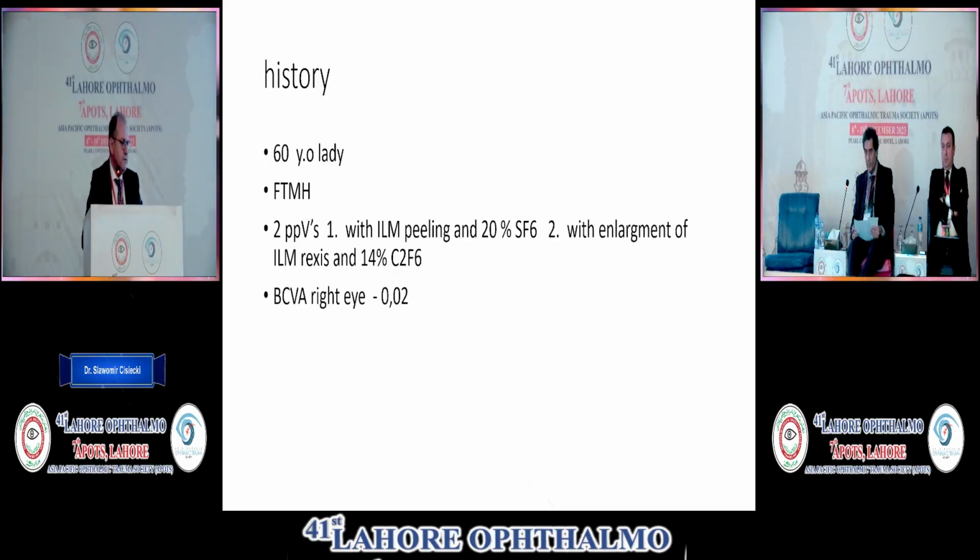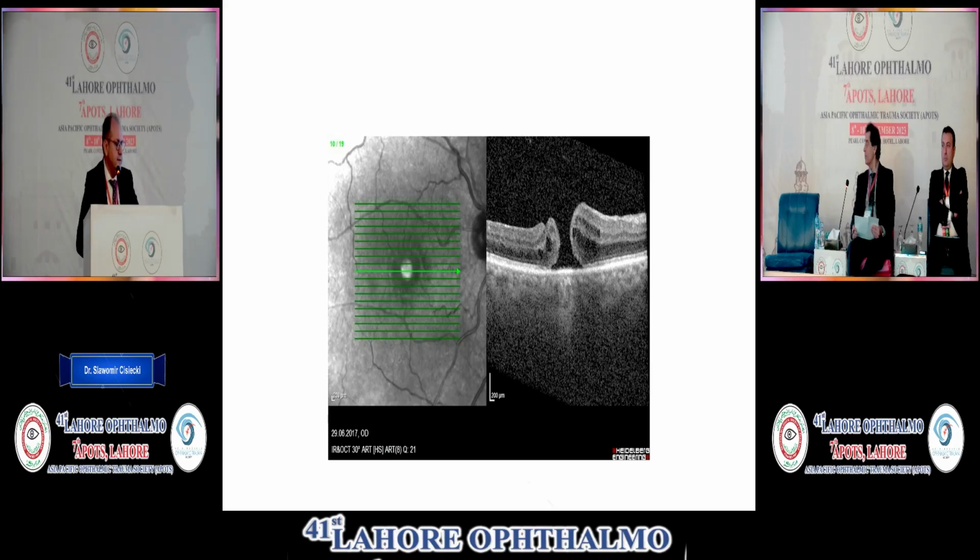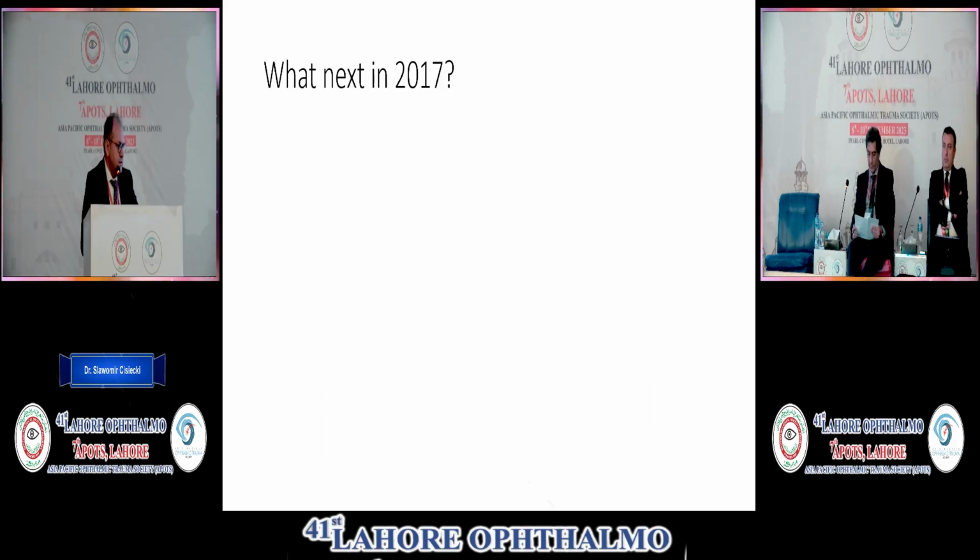But I want to present two cases. This is a case of a 16-year-old lady who was operated in 2016 in the conventional way, so pars-plana vitrectomy with ILM peeling with gas, the second surgery with enlargement of the ILM rhexis, and this is the situation in 2017 after these two conventional surgeries.